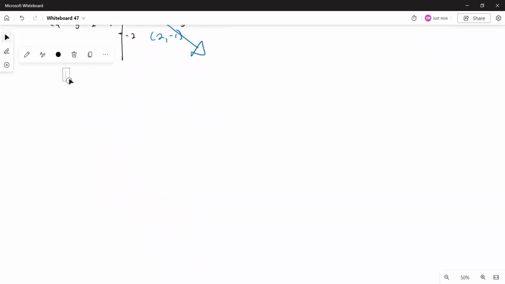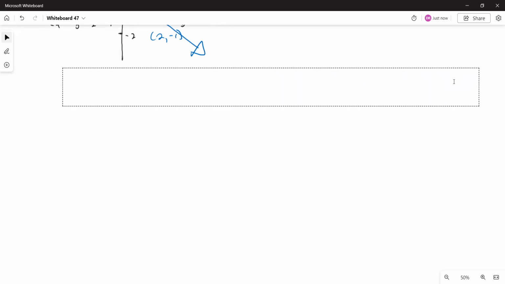For any function, again, this generalizes the slope, and that's important, especially in calculus.